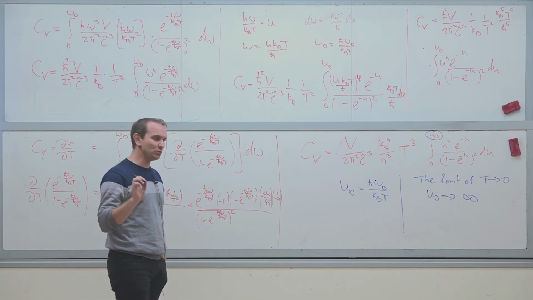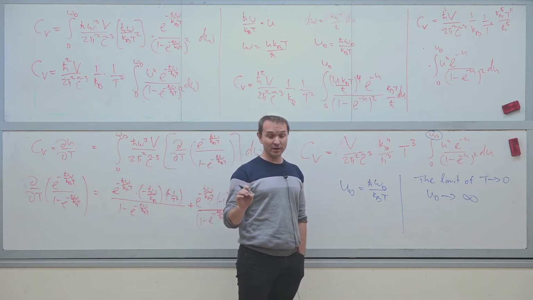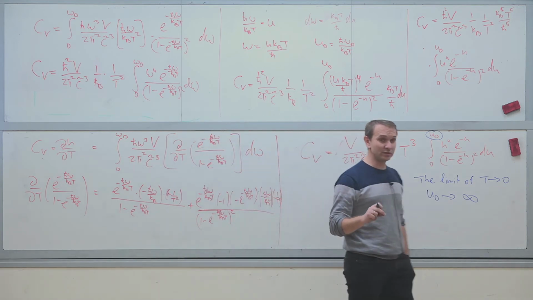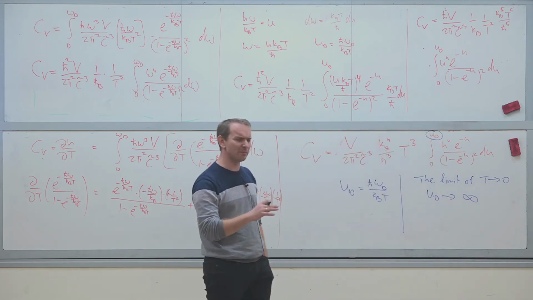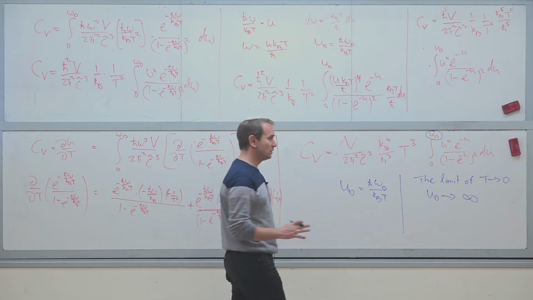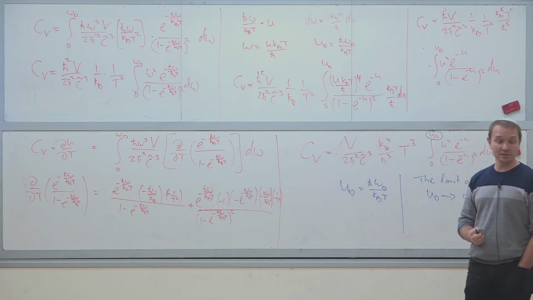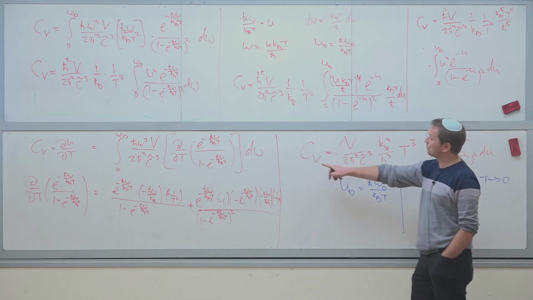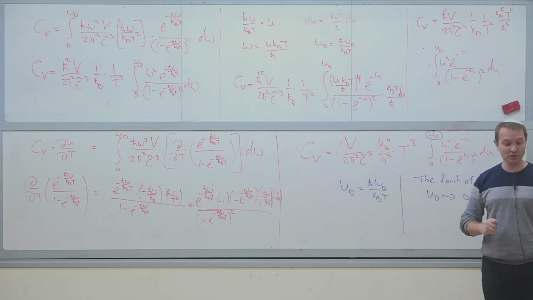The question was how it went to 0. What is the temperature dependence? In the Einstein model, the temperature dependence was exponential. It went to 0 as e to some power of 1 over T, and this is wrong. What is right, from experiment, is that CV should be proportional to the third power of T in this small temperature limit. And this is what we are trying to achieve.